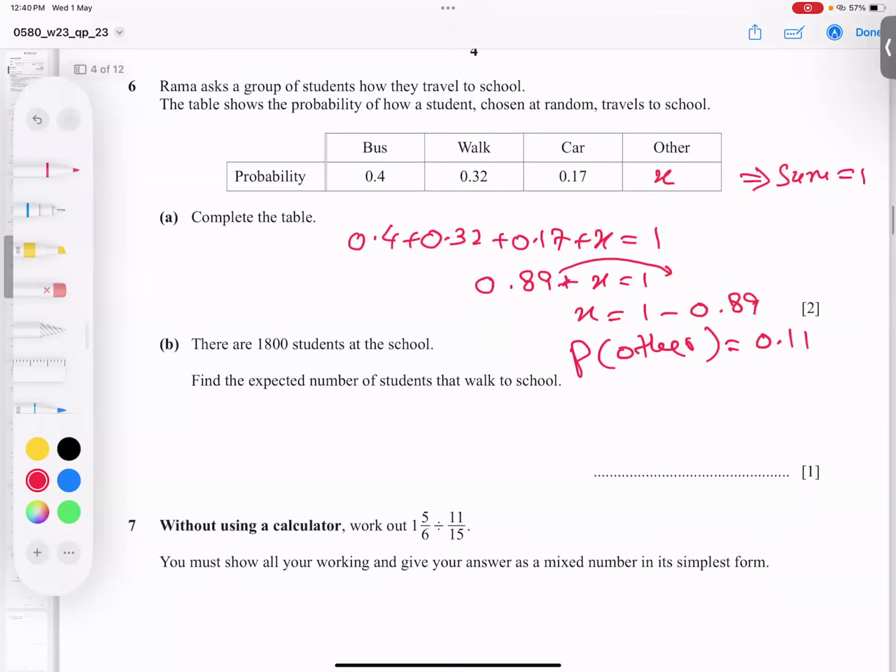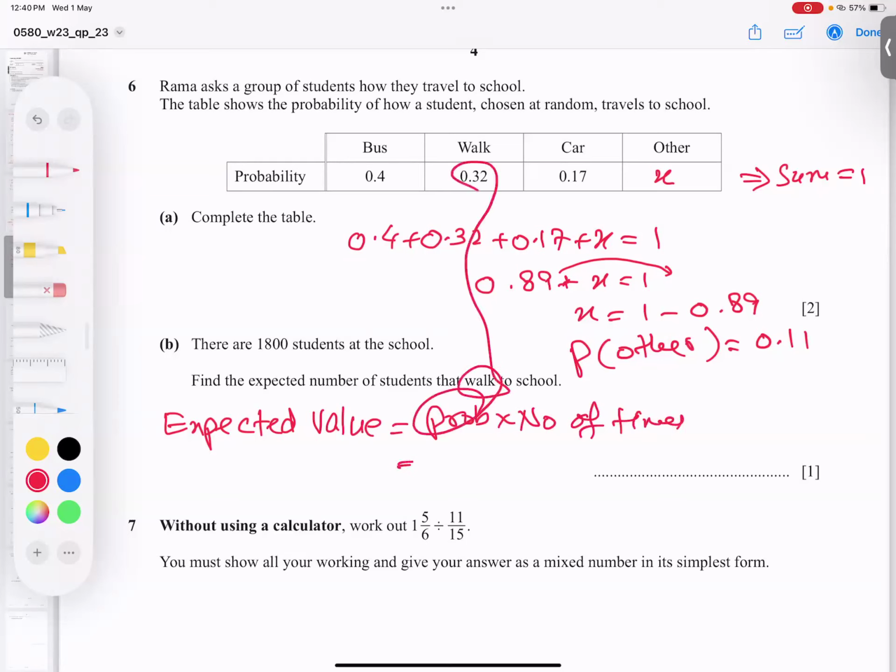There are 1,800 students in the school. What is the expected number of students to walk? We have a special formula for expected value, and that formula is probability multiplied by number of times. The probability of walk is 0.32.